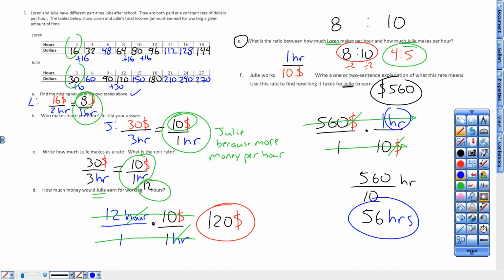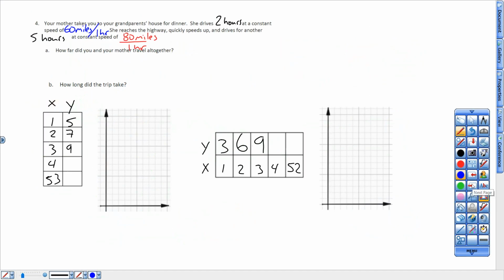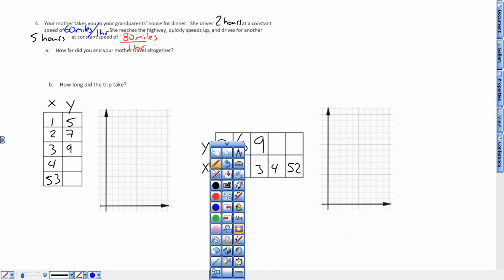All right, almost done. These ones, 2 hours at 60 miles per hour. So you're gonna have to do two separate ones. So if I take that 60 miles for every 1 hour and I times that by 2 hours of driving, which is over 1.